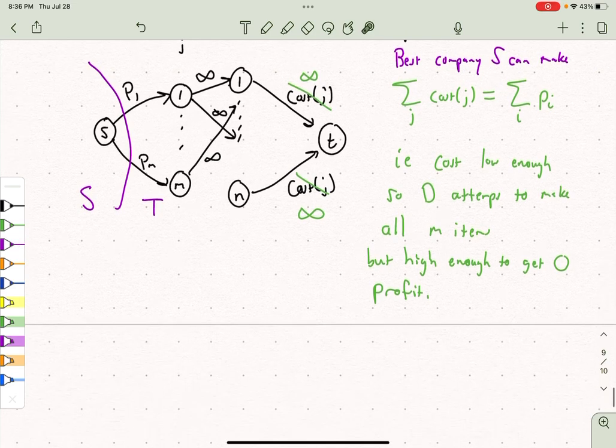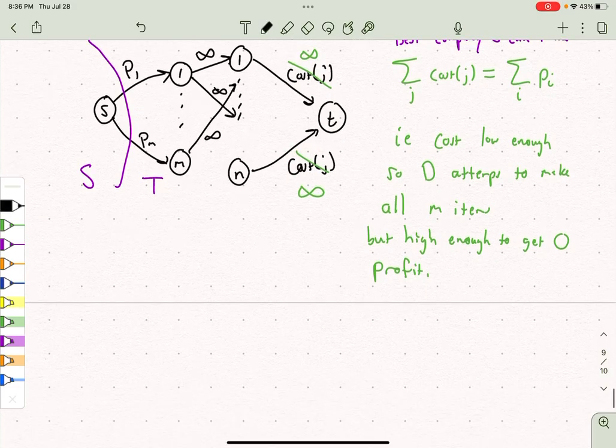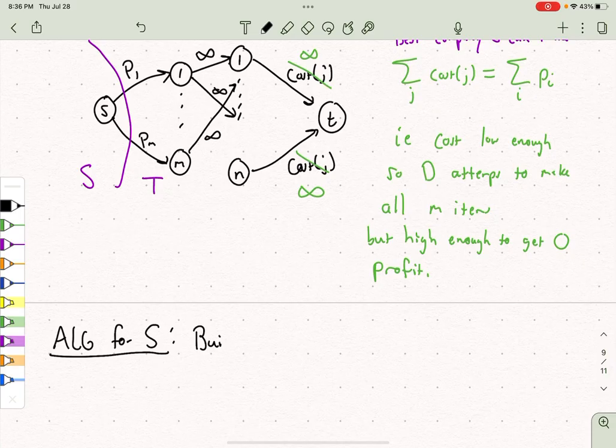So to do that, we're going to actually construct the project selection graph, but with the new infinite capacities, and then run max flow, and then whatever the flows are on these edges become the prices. So ultimately, what's the algorithm from company S's perspective? Well, they're going to build the project selection reduction graph.